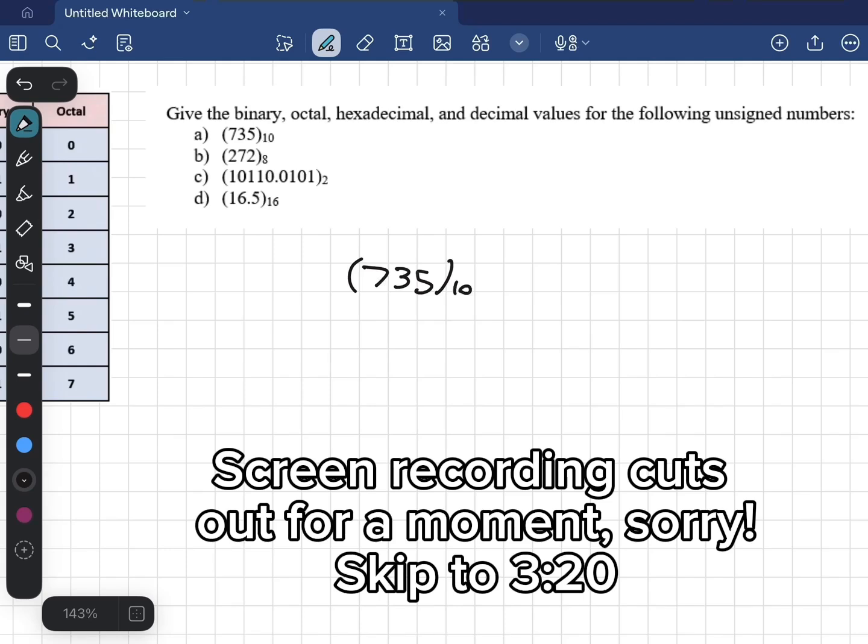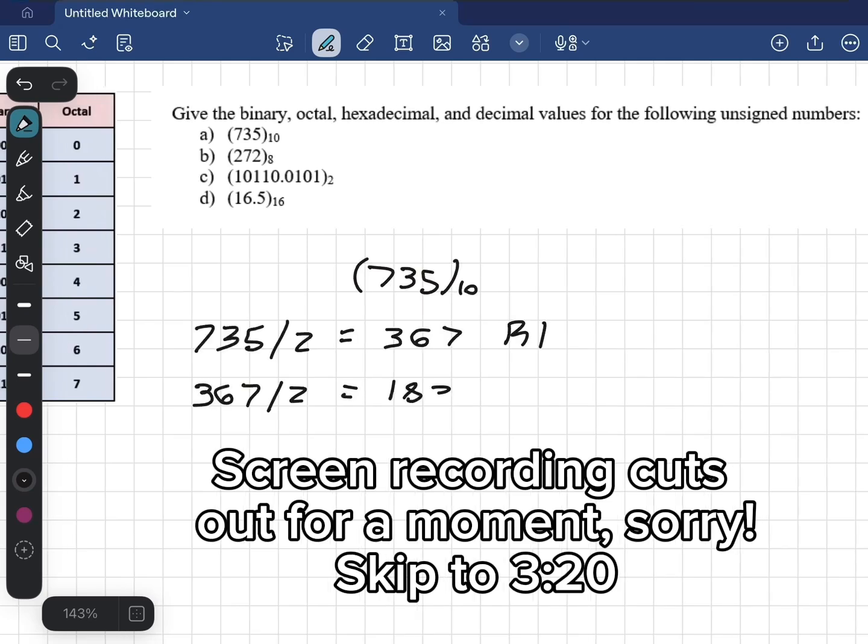This will get us 183 with a remainder of 1. 183 divided by 2 will get us 91, remainder 1. 91 divided by 2 will get us 45, remainder 1. 45 divided by 2 gets us 22, remainder 1.